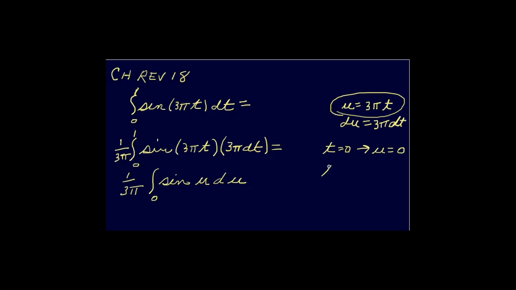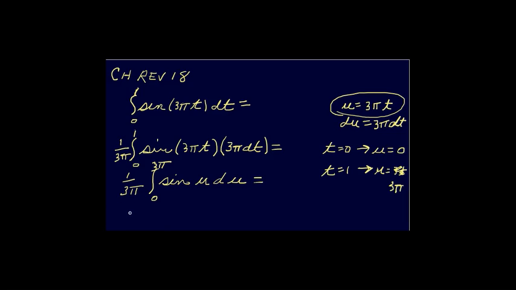When t is equal to 1, the upper limit of integration, using the same equation up here, my u value is equal to 3 pi. So my limits have changed. And now I'm ready to proceed.